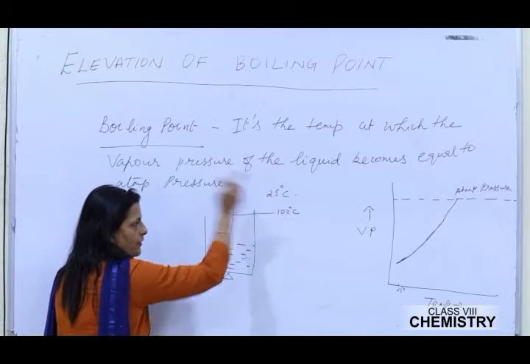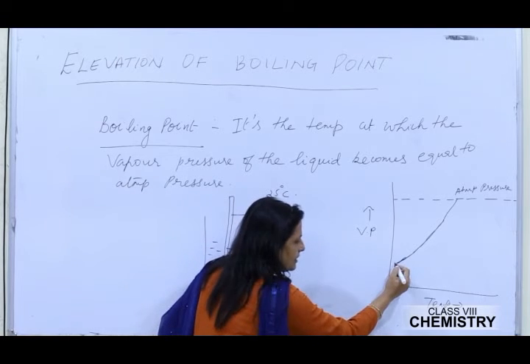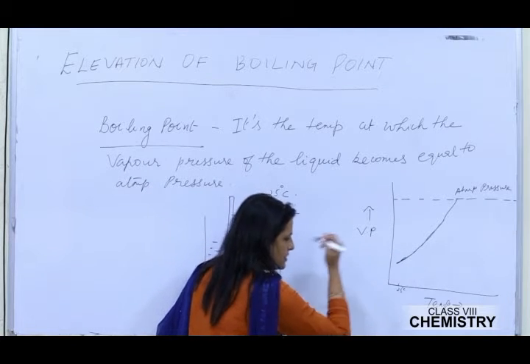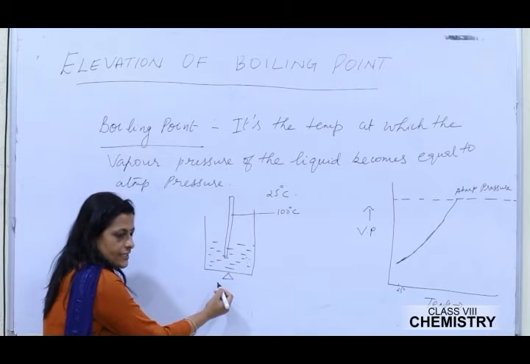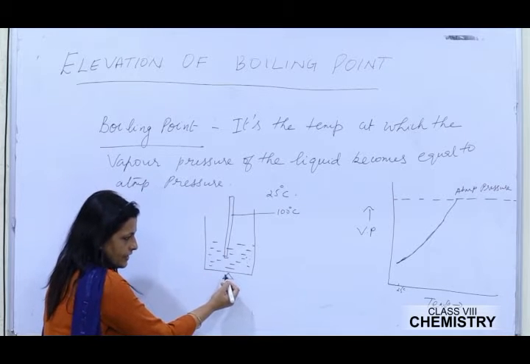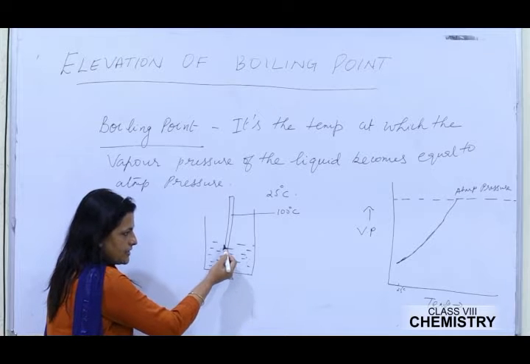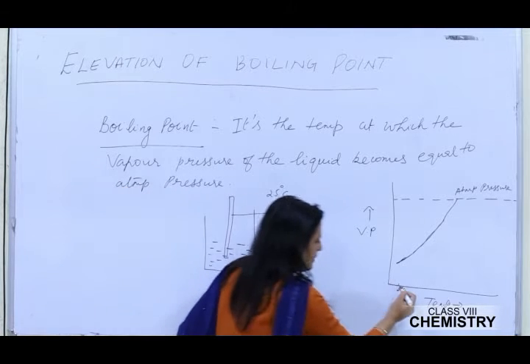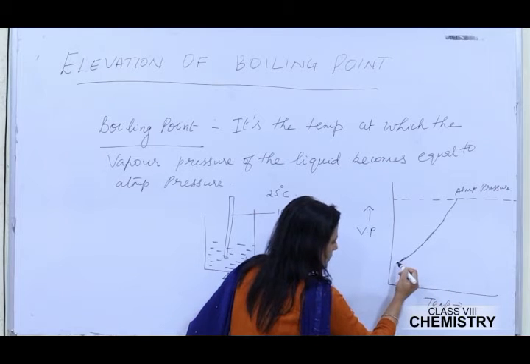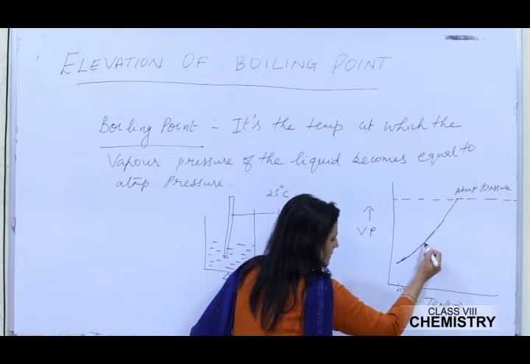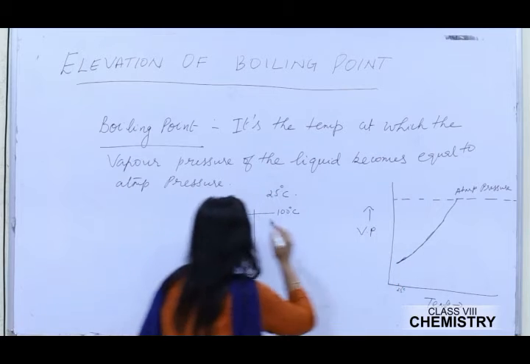The room temperature is 25 degrees C, and we imagine this is the vapor pressure. Then we supply heat, the water starts getting heated, the temperature in the thermometer slowly increases, and the vapor pressure of water increases. It reaches a maximum value, say at 100 degrees C.